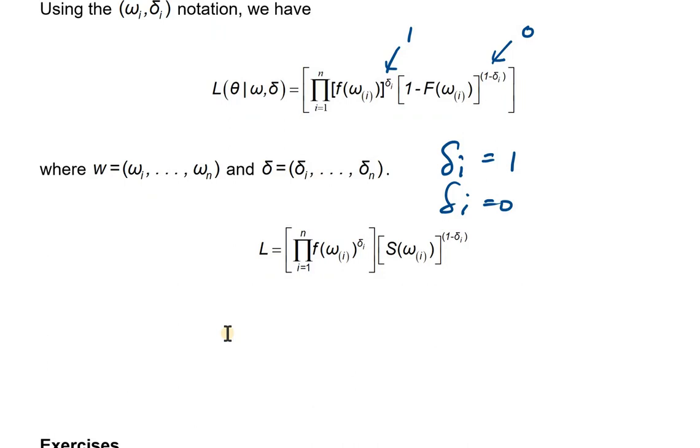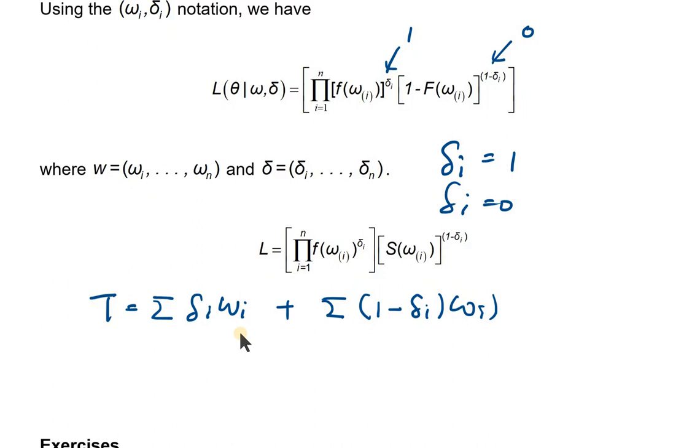And lastly, for the t, which represents the failure time, you will obtain the summation of delta i times omega i, then the summation of 1 minus delta i times omega i.